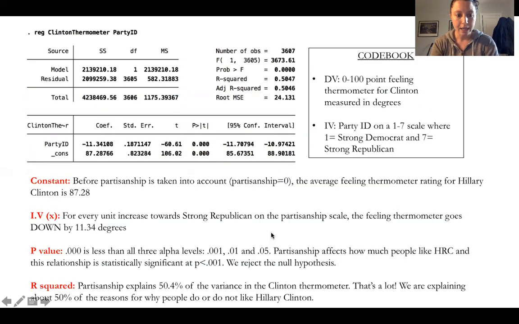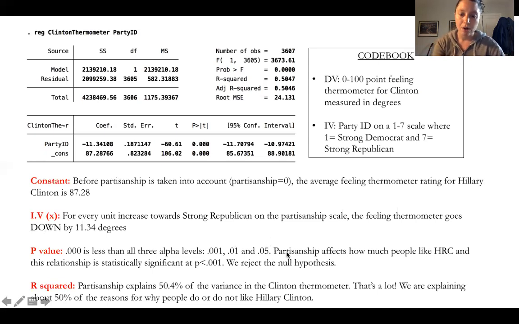Okay, but is that a statistically significant relationship? Now we have to look at the p-value. Our p-value is 0.000. That's very, very small. It's the smallest you're going to see. That is less than all three of our alpha levels, or the thresholds that we talked about in the previous videos. Yes, it is smaller than 0.001, it is smaller than 0.01, and it's smaller than 0.05.